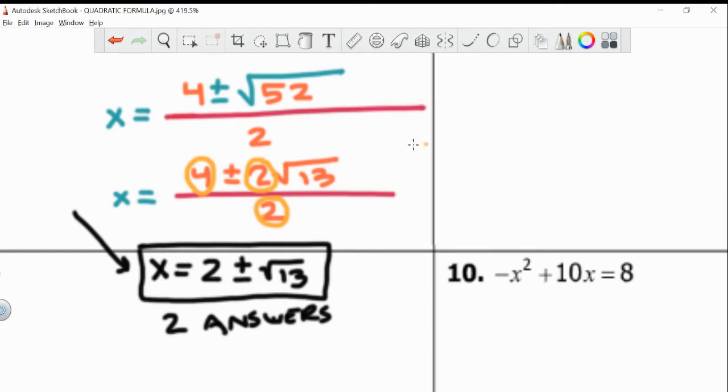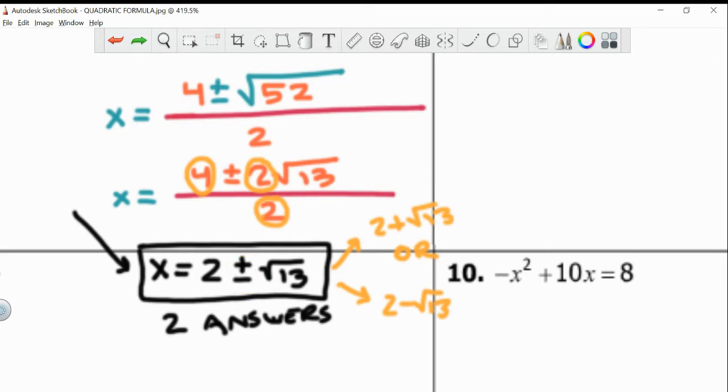Okay, so this right here actually means 2 plus square root 13 as an answer, or 2 minus square root 13 as another answer. Okay, this plus or minus is 2 separate answers.